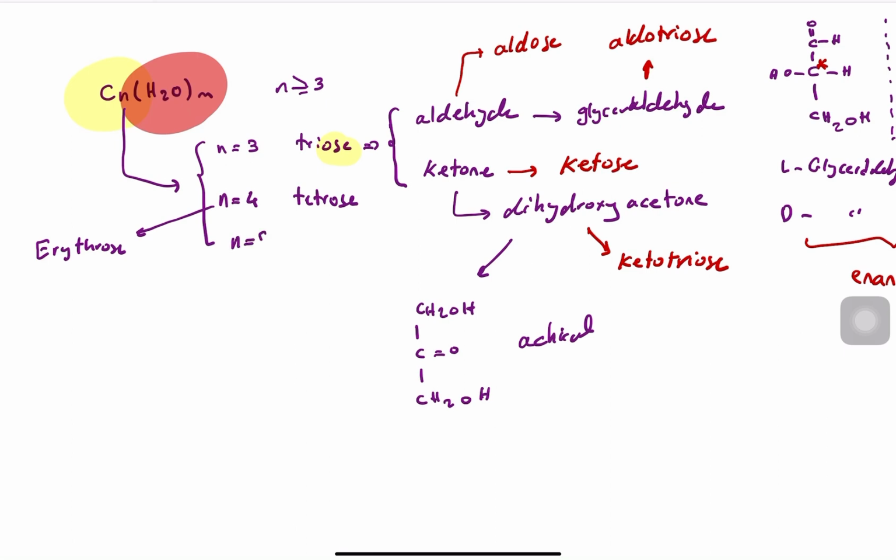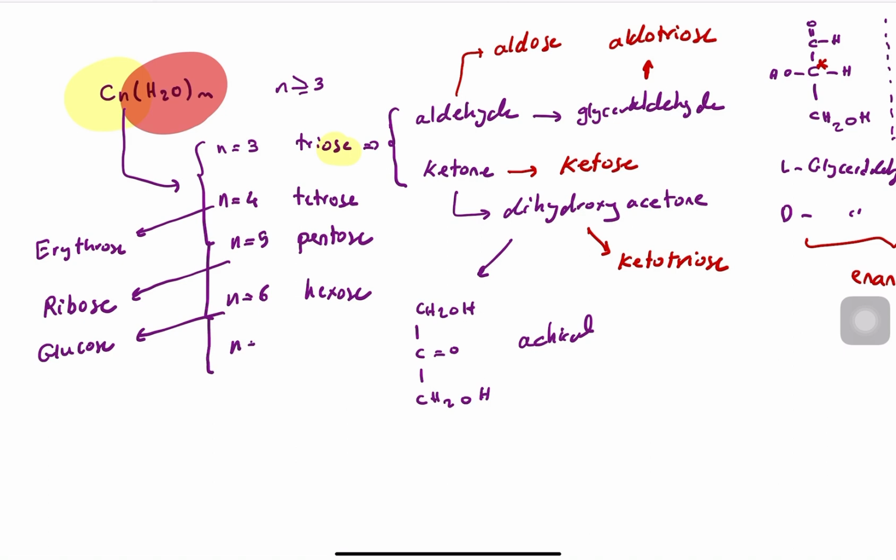If the number of carbons is 5, we can say pentose. The example for this one is ribose or deoxyribose, which we can find in DNA and RNA. If we have 6 carbons, it is a hexose. We can find glucose as an example, or fructose.